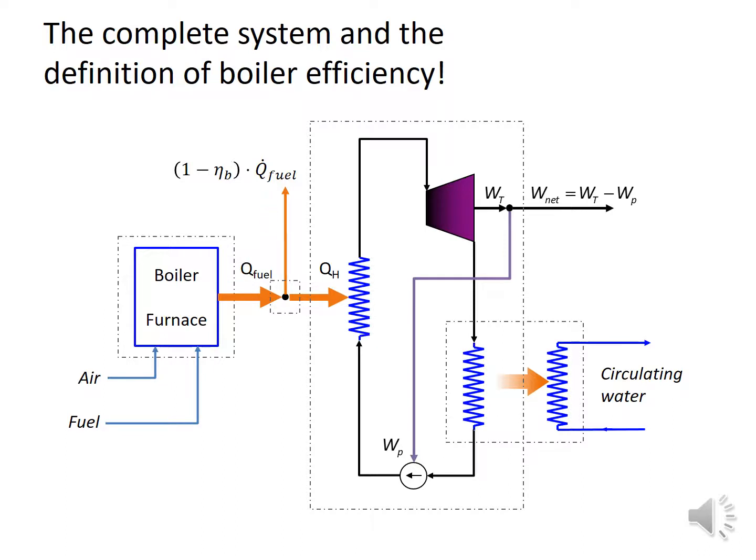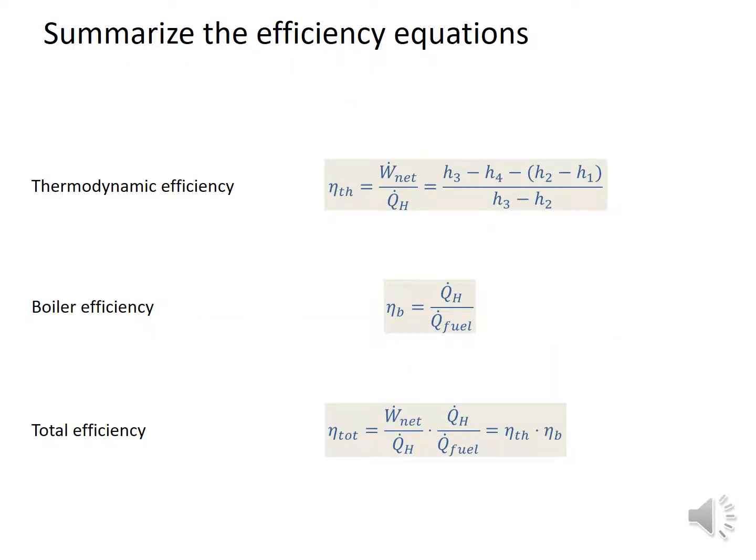So looking at this, we now see that we are going to have a different view of the total efficiency of this power plant. As we have discussed before, we have the thermal efficiency, where we basically just look at the net work output from the turbine divided by what we term here as the heat input to the cycle. Please remember that this is the cycle and not the fuel.